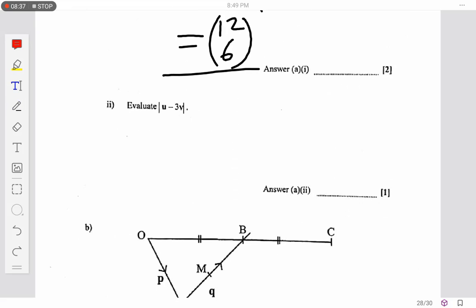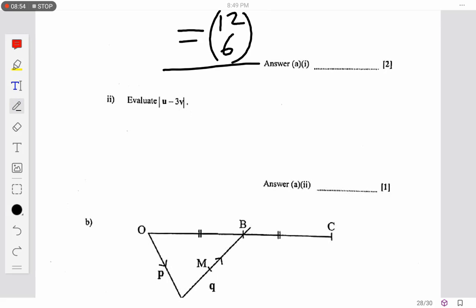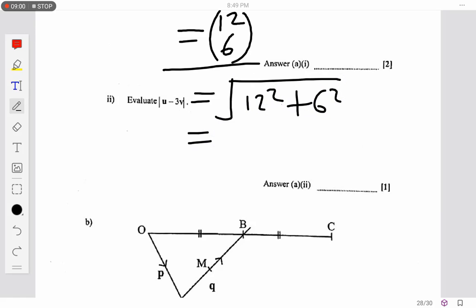Okay, now we move on to the next question. The next question is saying find the modulus of that. So basically when it says modulus, we are looking for the square root. So we can say this is equal to the square root of 12 squared plus 6 squared. Okay, 12 squared is 144, plus 36.